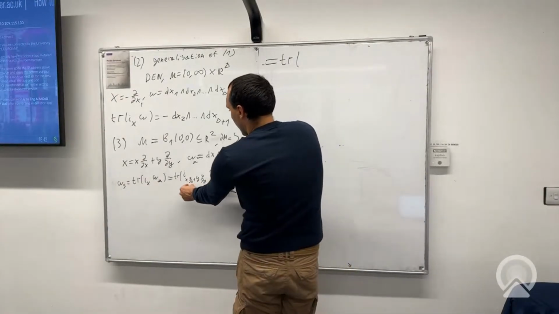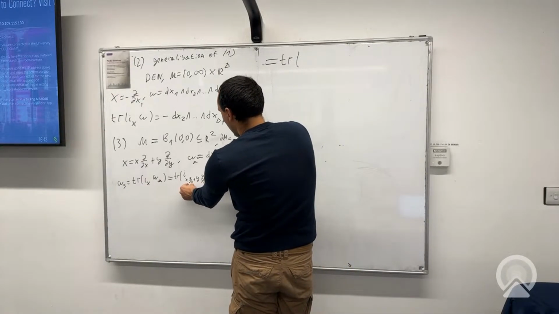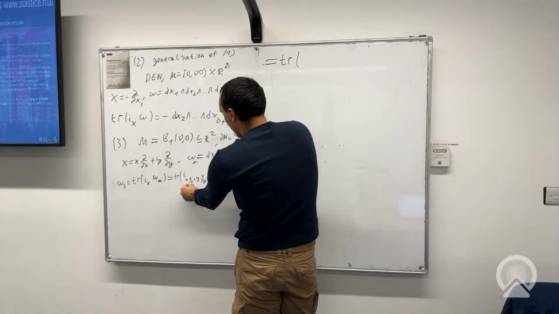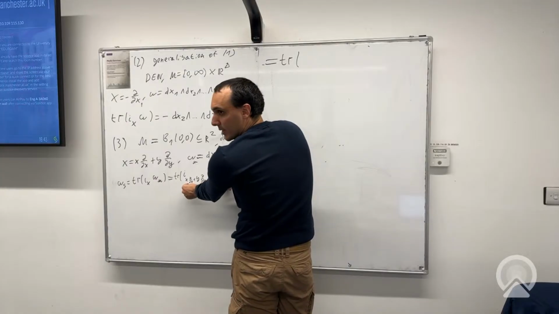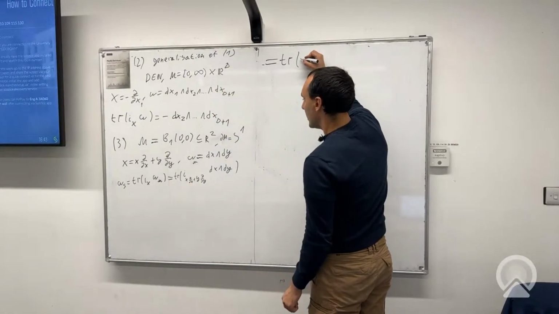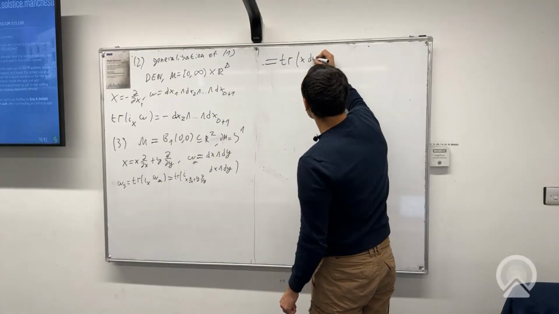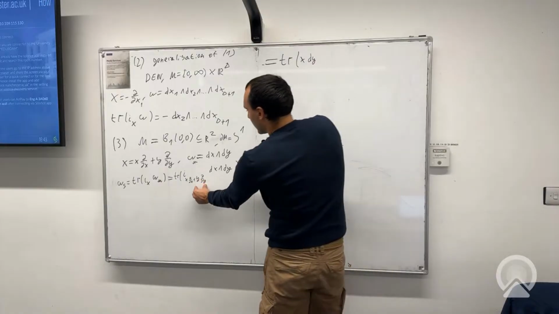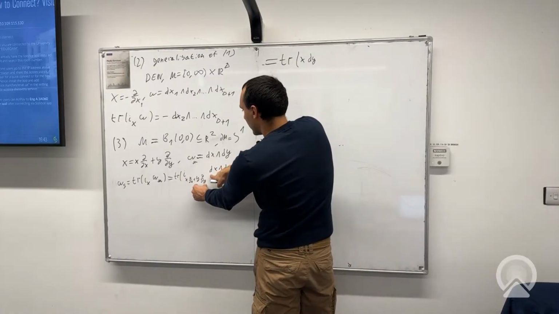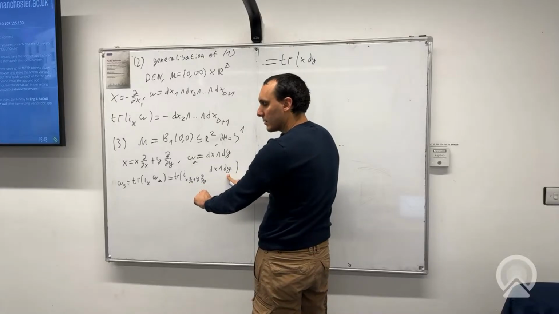So x ∂/∂x, contracted into dx wedge dx wedge dy, will remove the first part. So this will be the trace of x dy, and then this term will remove the second one, but with a negative sign.